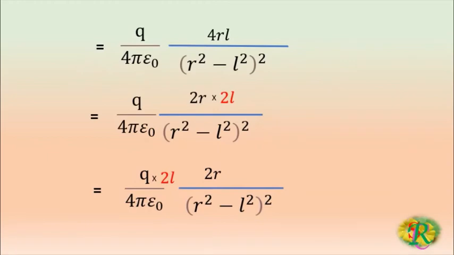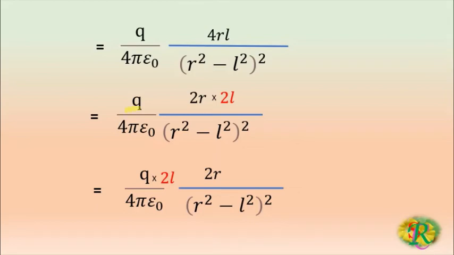Q by 4 pi epsilon 0 into 4rL divided by (r square minus L square) the whole square is equal to Q by 4 pi epsilon 0. 4rL can be split into 2r into 2L by (r square minus L square) the whole square. You already know Q into 2L.